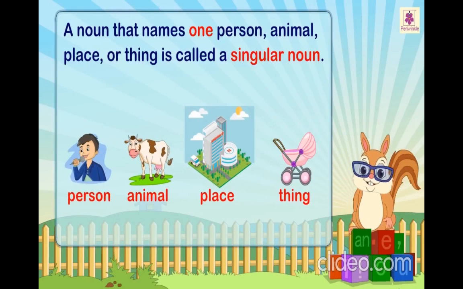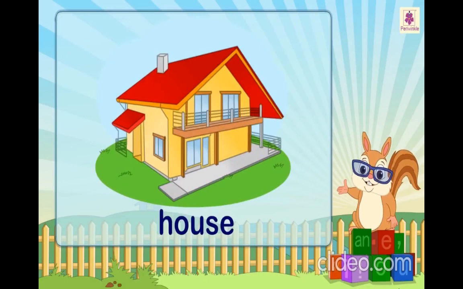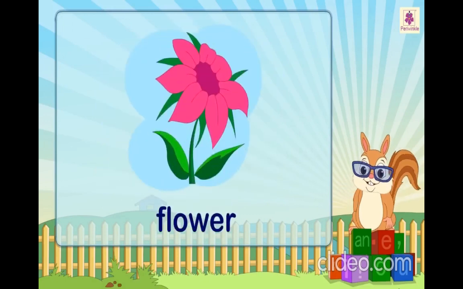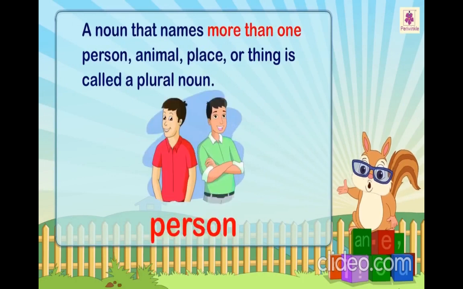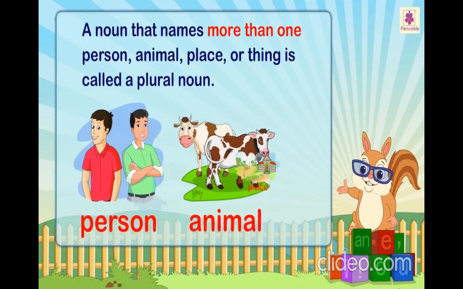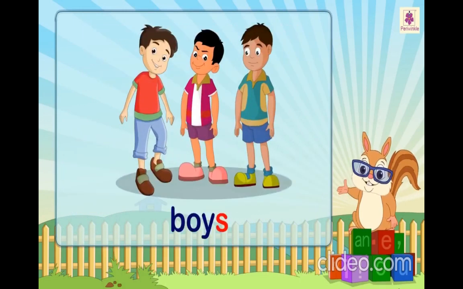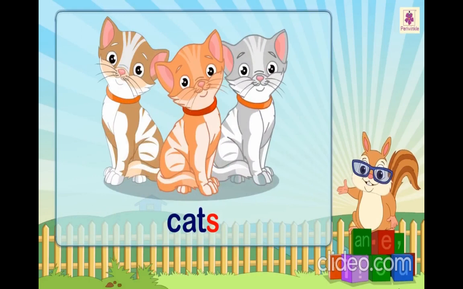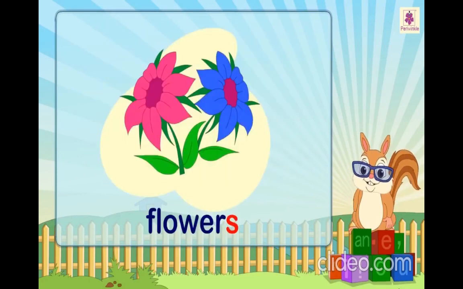For example, a boy, a cat, a house, a flower. A noun that names more than one person, animal, place, or thing is called a plural noun. For example, boys, cats, houses, flowers.